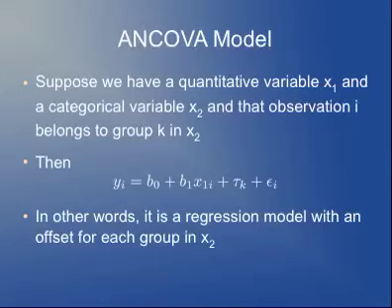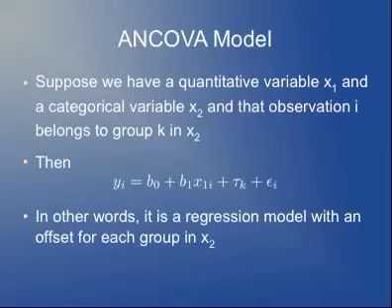Then the analysis of covariance model is that yi is equal to b0 plus b1 times the ith instance of x1 plus the offset for group k plus the noise term. It's just, as I said, kind of a hybrid regression/ANOVA model.